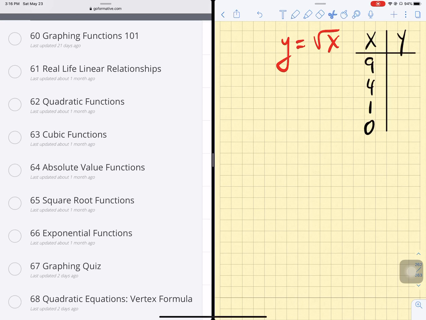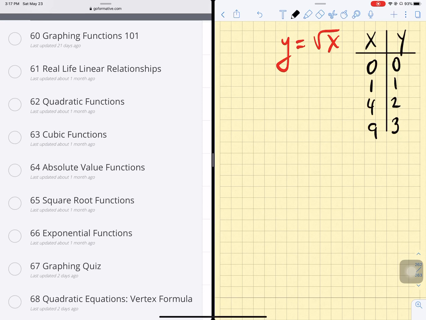Let me just put them in order, and then square root all those and get those answers in. Boom, boom, boom, boom. I didn't choose 1, 2, 3, 4. I didn't choose -2, -1, 0, 2. So when I'm doing square roots, I want to choose something that's a little easier for me to solve.